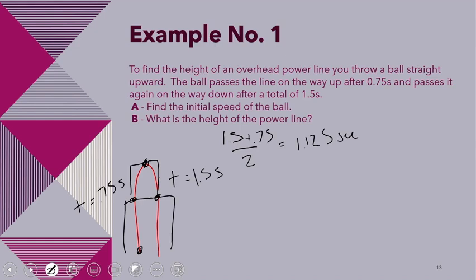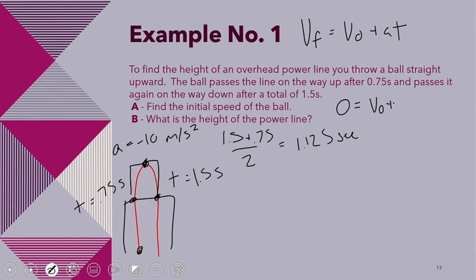top of its path. And we also know that it had an acceleration of negative 10 meters per second squared. So, knowing all this, we can use equation number 1 to find the initial velocity. So, we know that our final velocity is 0.